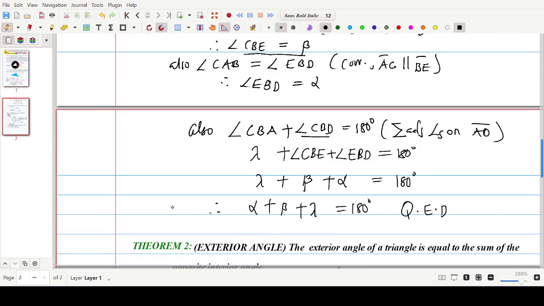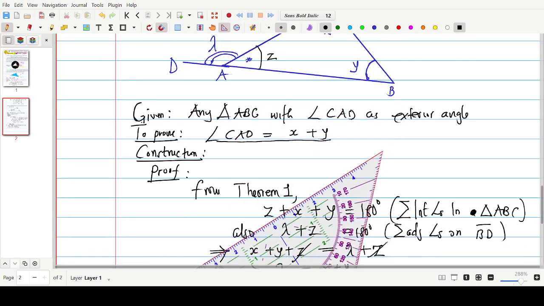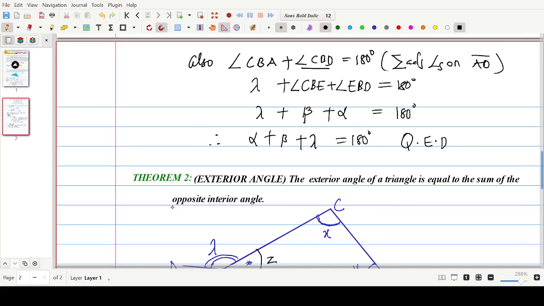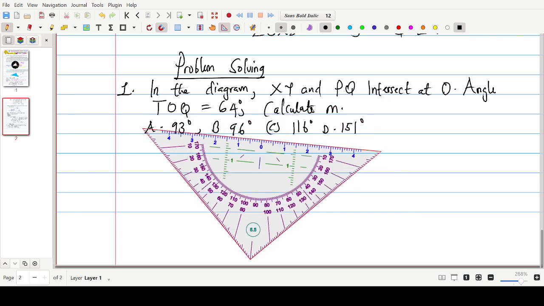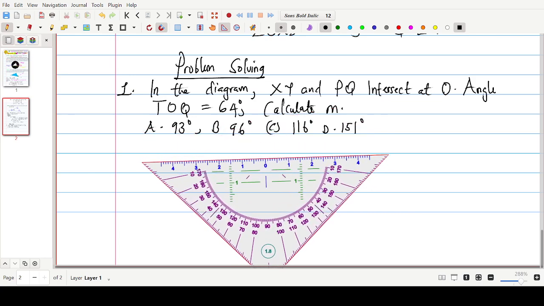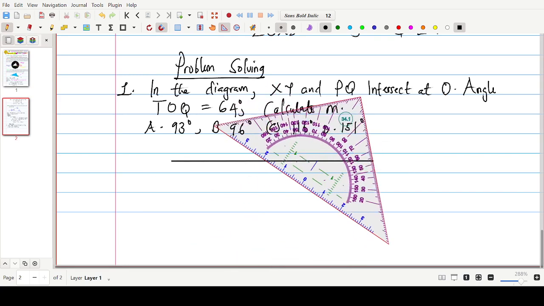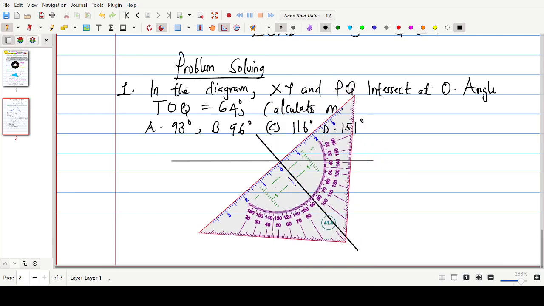So the figure that is being discussed is this. We have this, then we also have this. Then this is also attached to it.